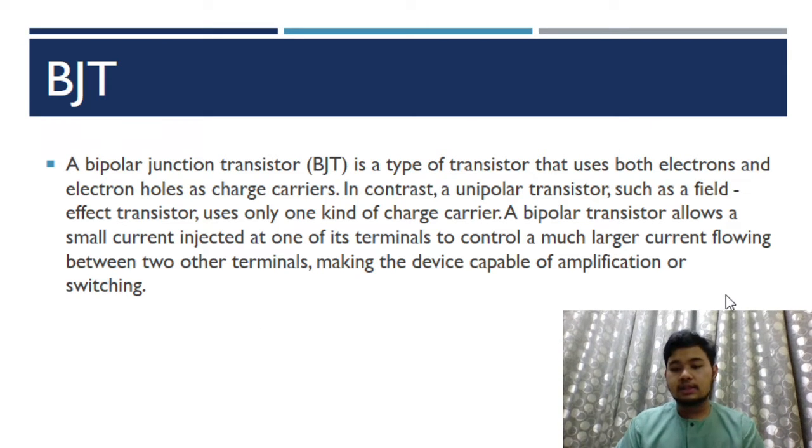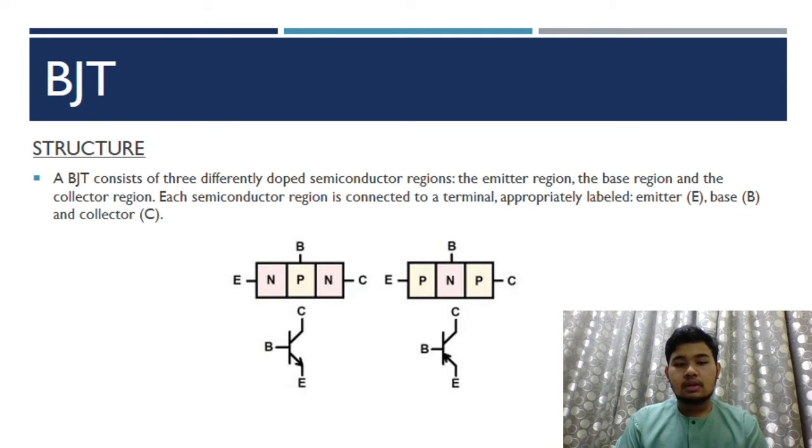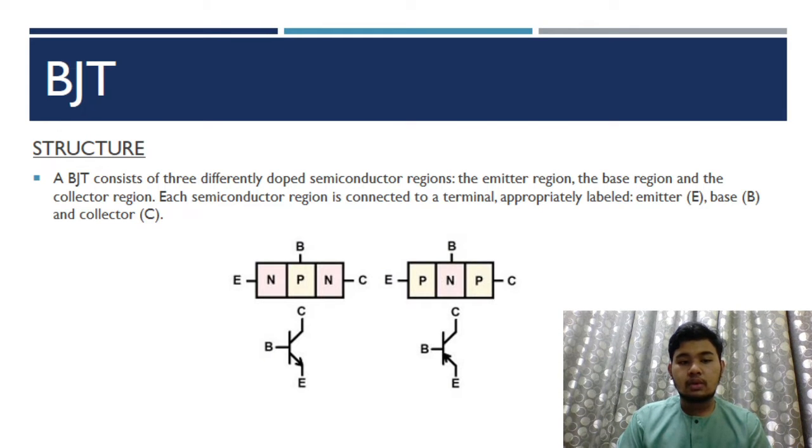Okay, for the structure, this is the structure. BJT consists of three differently doped semiconductor regions. First is the emitter region, second the base region, and third the collector region. These regions are respectively P-type, N-type, and P-type in a PNP transistor, and N-type, P-type, and N-type in an NPN transistor.